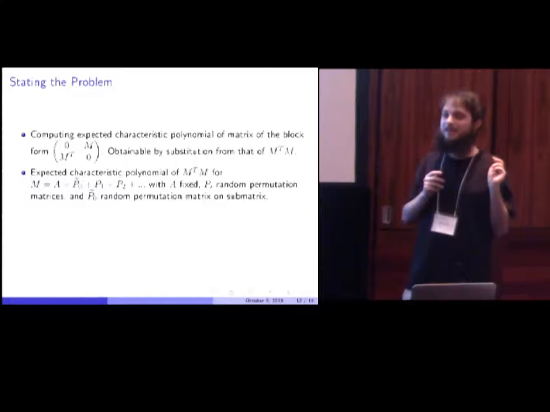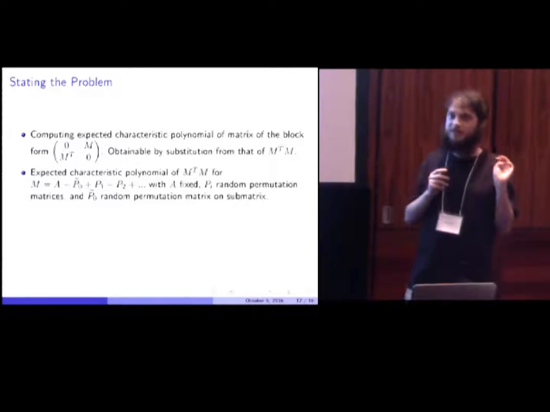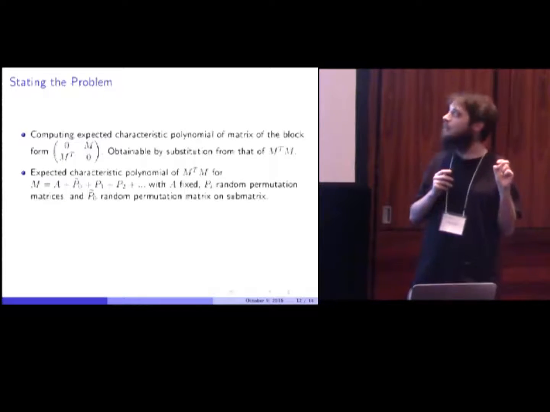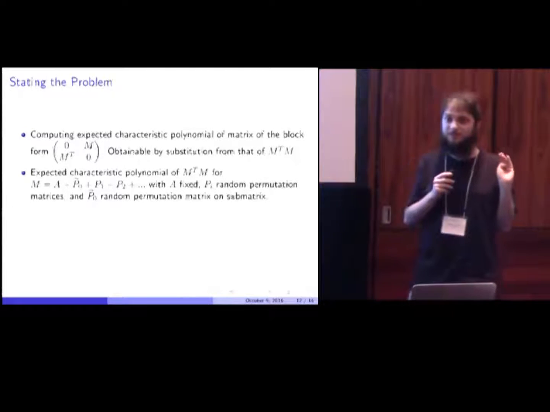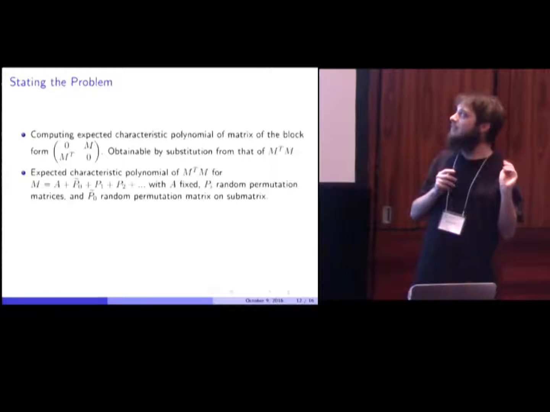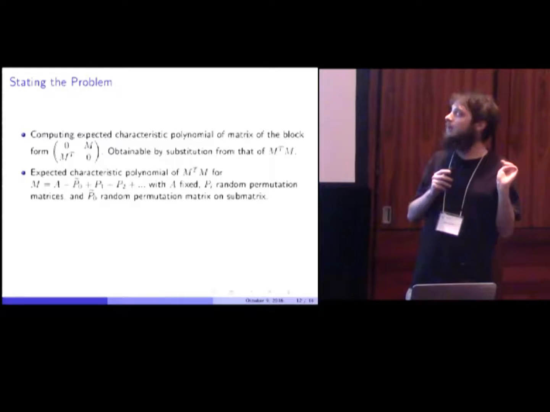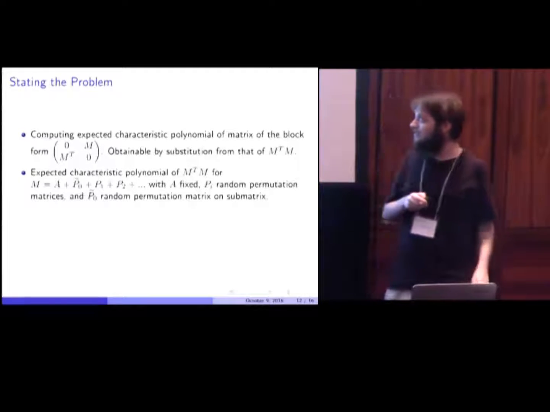Where M is your original matrix, which corresponds to the matchings, or the edges, that you've already determined, plus a random matrix that fills in the partially computed matching, which is a partial permutation matrix on a submatrix, plus a random permutation for each of the missing complete matches that you need to do.